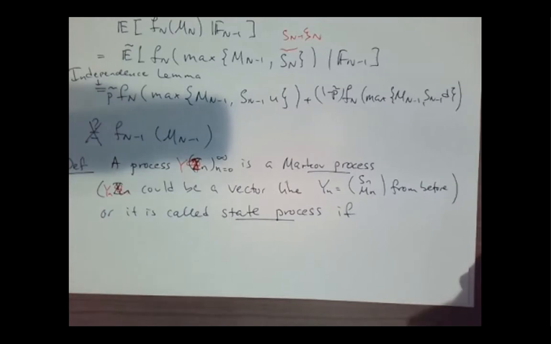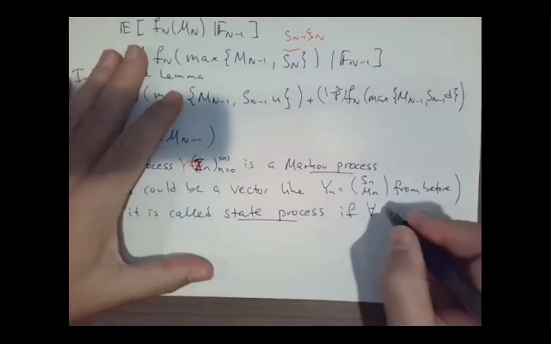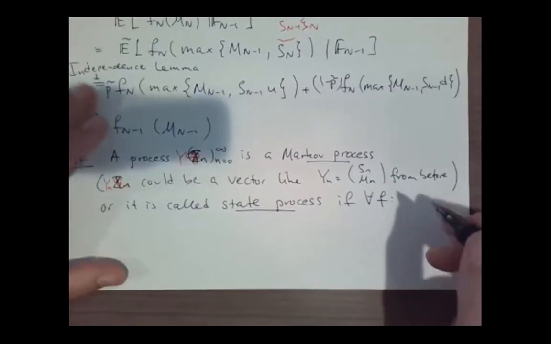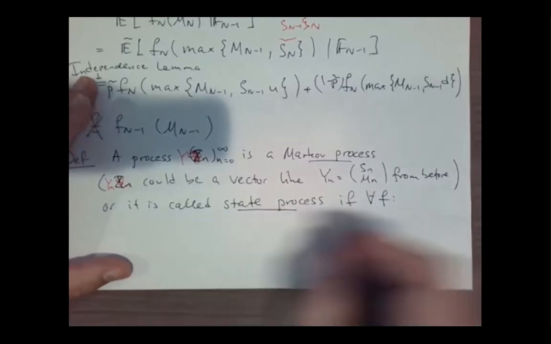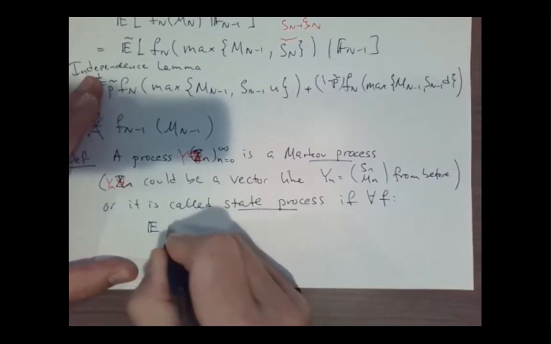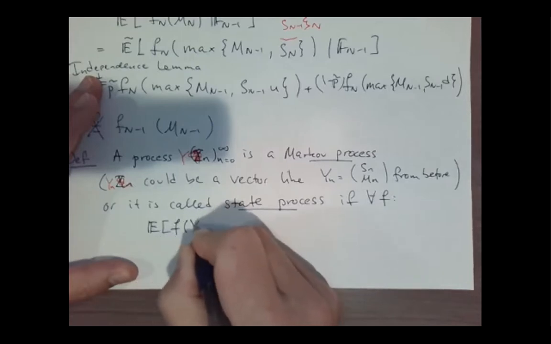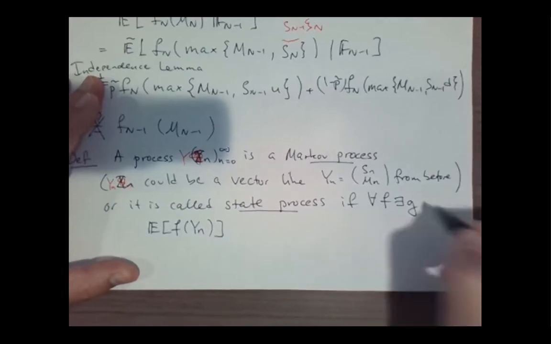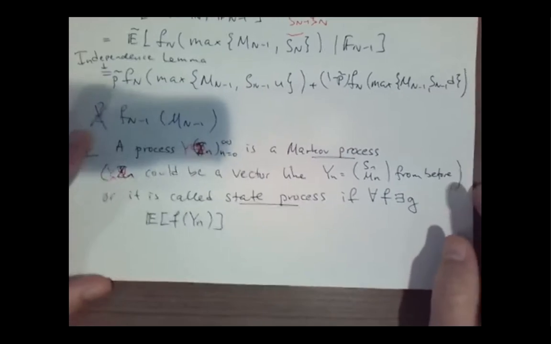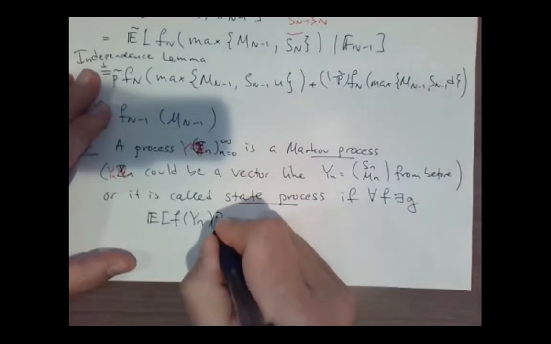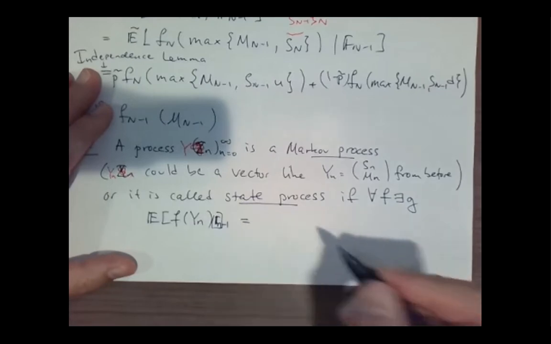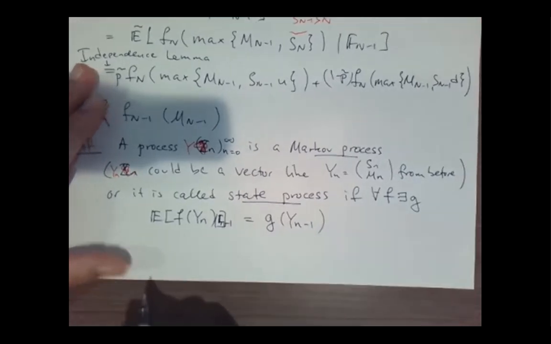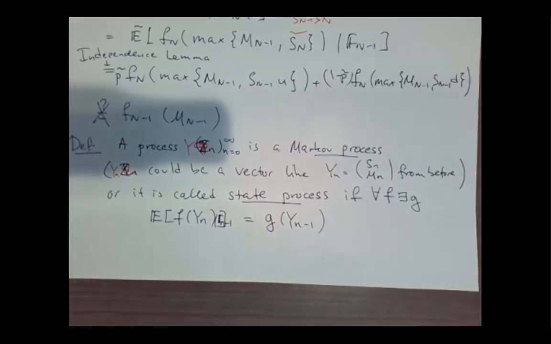Here comes the condition: if for any function f, I can find a g such that the conditional expectation of f applied to Yn at time n minus 1 can be written as that function g applied to the state at this earlier time.